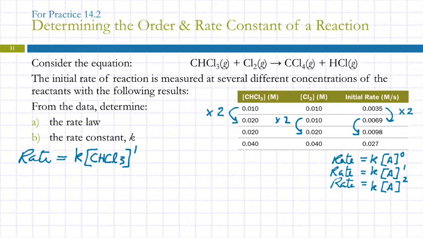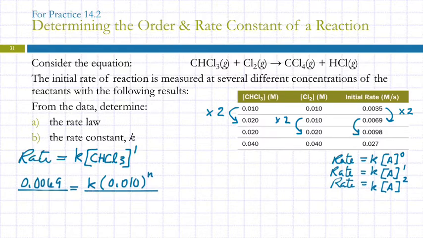So we're going to look at each of these. The rate for the first one is 0.0069, and that equals the rate constant times the concentration of the one we're interested in. We can ignore these two because they're the same and they would cancel out; they're lumped into the constant. The concentration of the reactant of interest there is 0.010, raised to the n power.